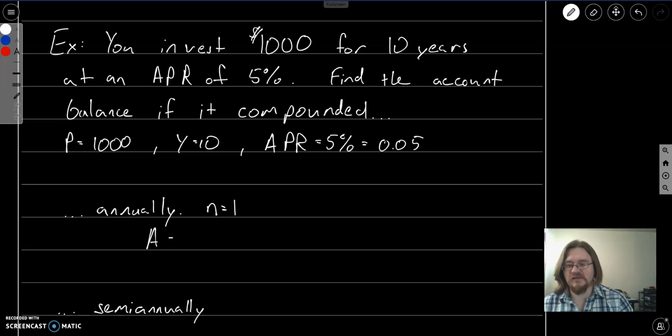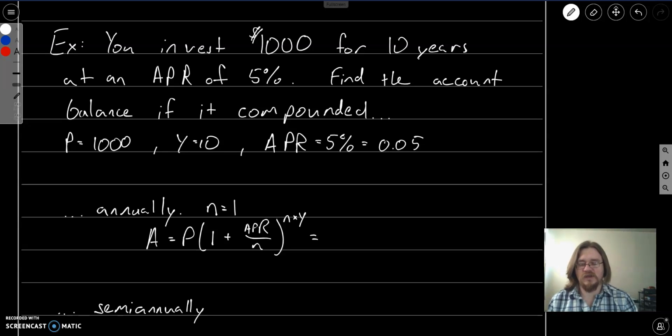So my formula is going to be, my account is our principal, times 1 plus our APR divided by n, raised to the n times y power. So again, our principal is going to be 1,000. This is how much we're investing. And we're going to take this times 1 plus our annual percentage rate, which happens to be 5%, but written as a number is going to be 0.05.